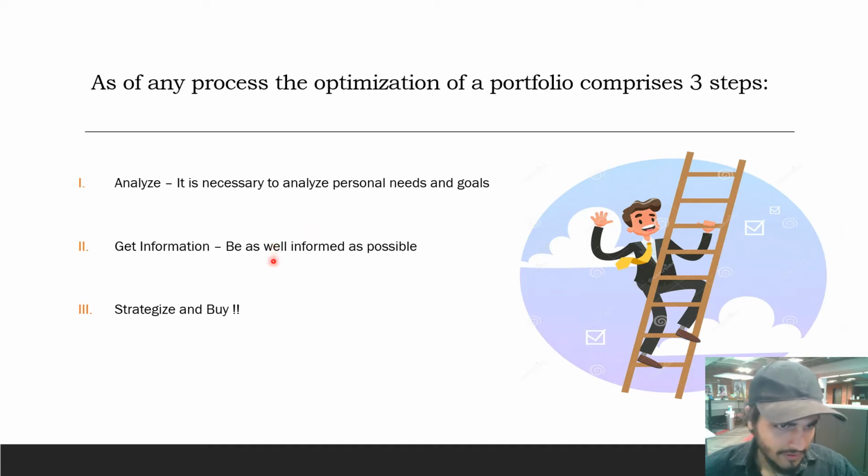The second step is to get the information. It is very important when it comes to investment to be well informed, because it is necessary to have information on market fluctuations as well as volatility to select the best possible stocks for the portfolio. Once these two steps are done, we can move to the strategy and later buying of the stocks.